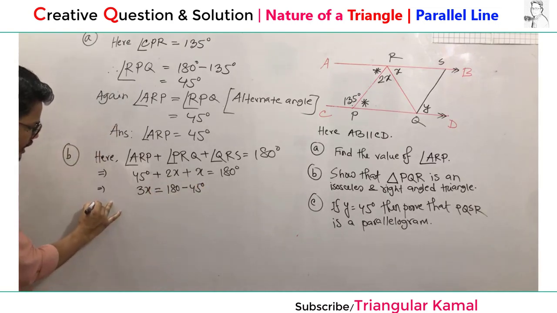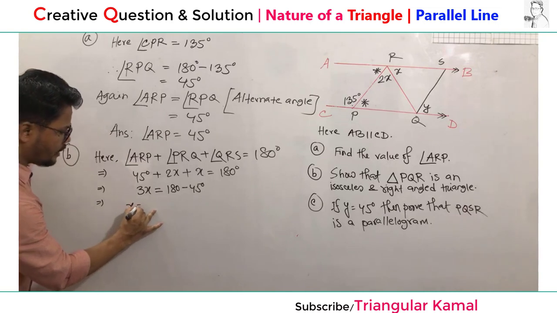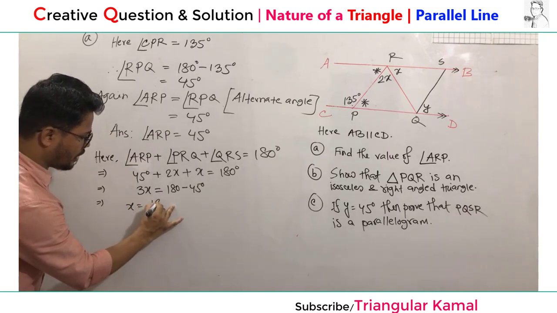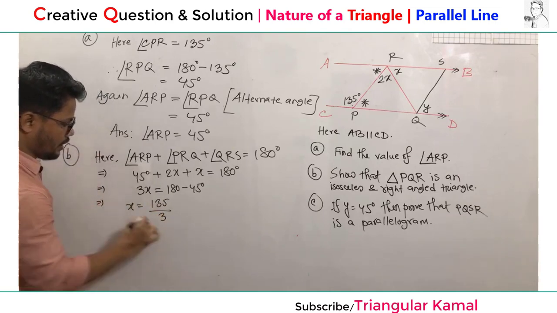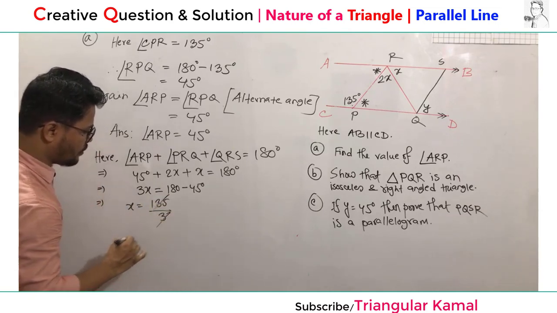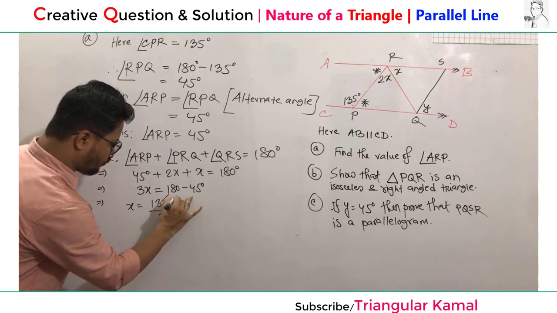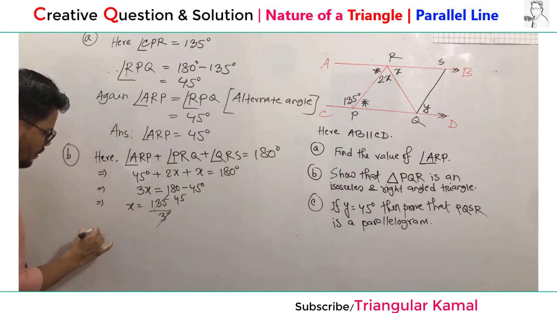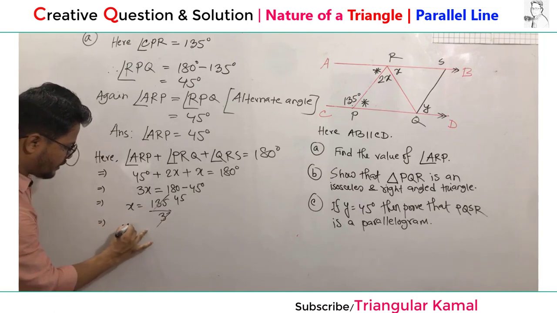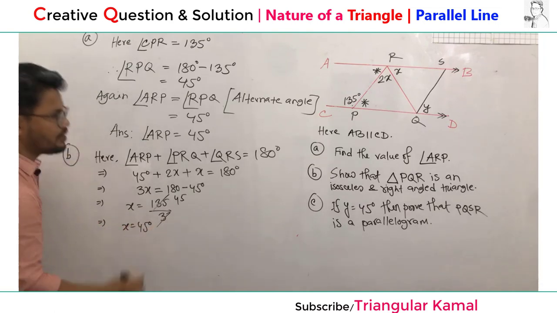And now we can write here x equal 135 divided by 3. So after doing the divide, 3 4s are 12, then 3 5s are 15. This is 45. So the value of x is 45 degree.